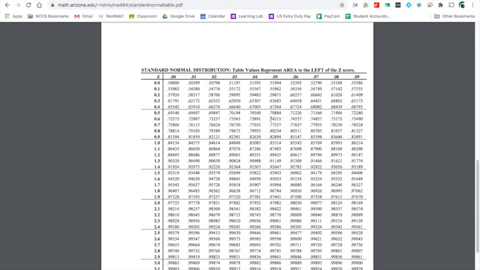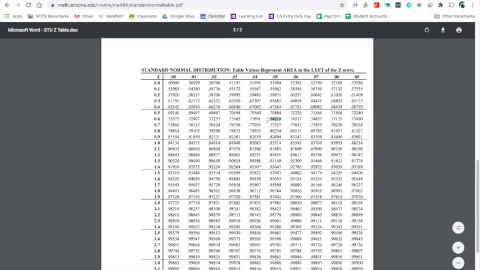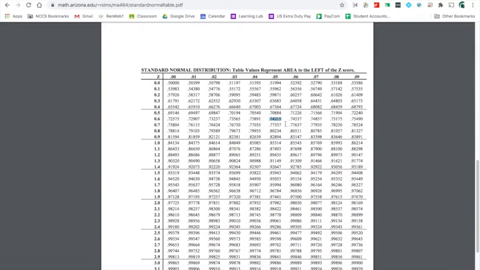Now, if I want to find the probability of getting something between these two, between negative 0.8 and 0.65, I need to subtract their areas. So 0.74215 minus 0.21186, and when we subtract those we get 0.53029. That's our probability for the third one. That's how we do the betweens on the table.